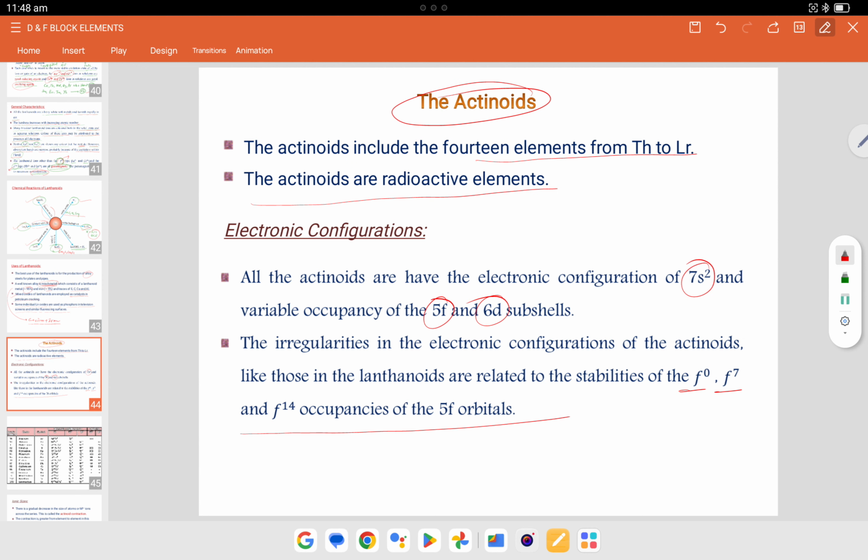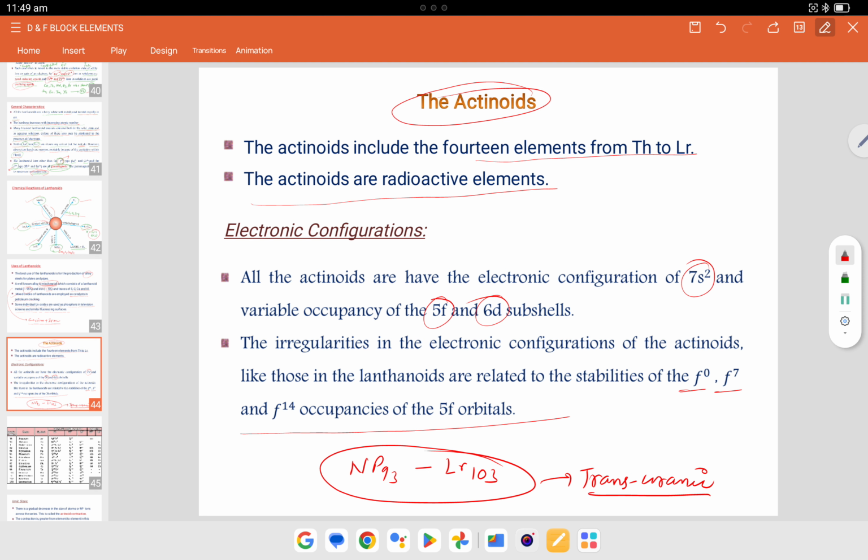The man-made 11 elements, from Np 93 to Lr 103, are called transuranic or man-made elements.